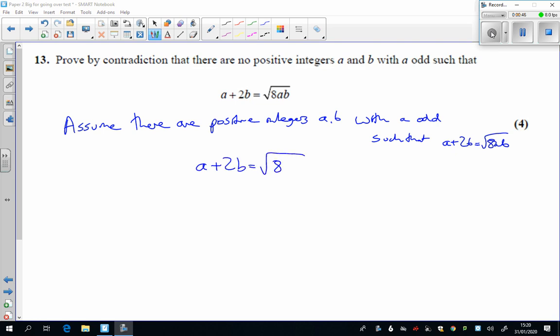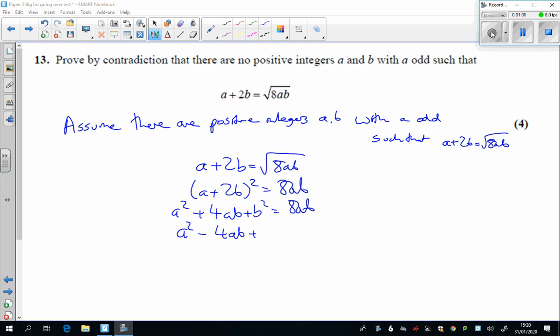The mark scheme says start with that, get rid of the square root by squaring both sides. Squaring both sides gives us this, and taking away the 8ab gives us that, which we can actually go straight back into the squared form with that.